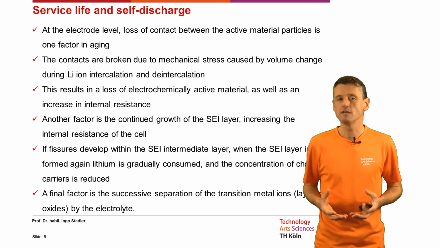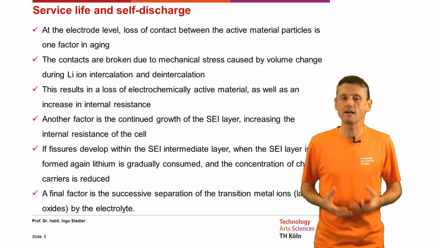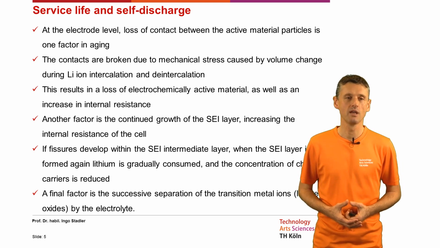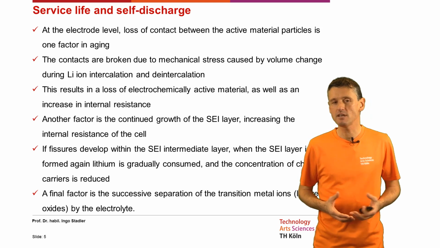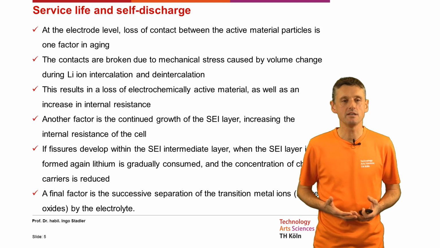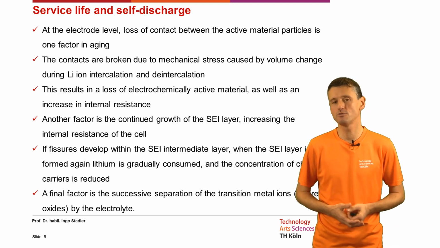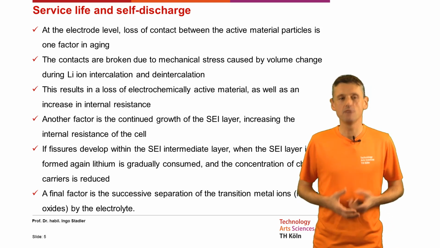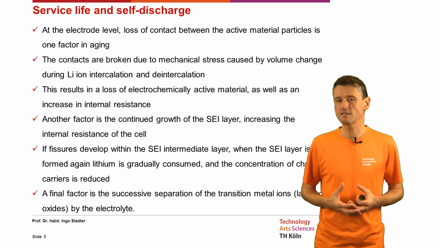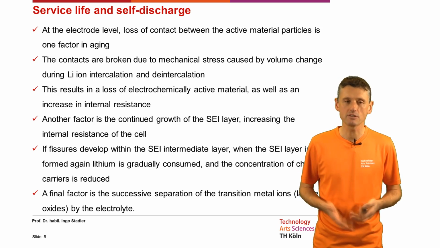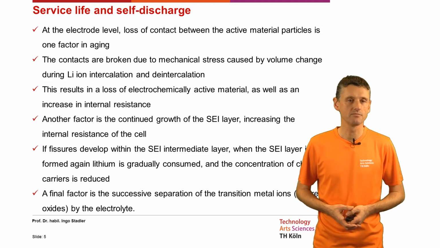Another factor is the continued growth of the SEI layer, increasing the internal resistance of the cell. If fissures develop within the SEI intermediate layer, then when the SEI layer is formed again, lithium is gradually consumed and the concentration of charge carriers is reduced. A final factor is the successive dissolution of the transition metal ions from the layered oxides by the electrolyte.